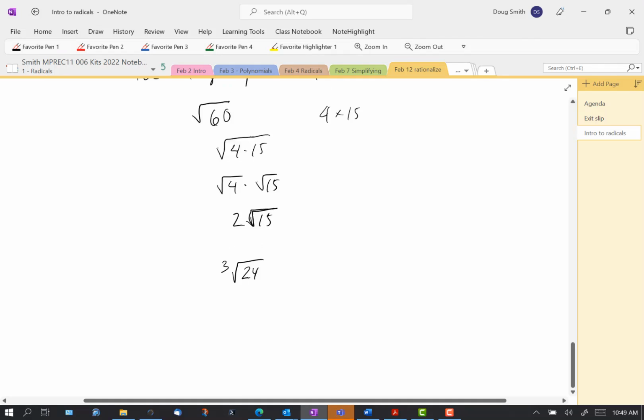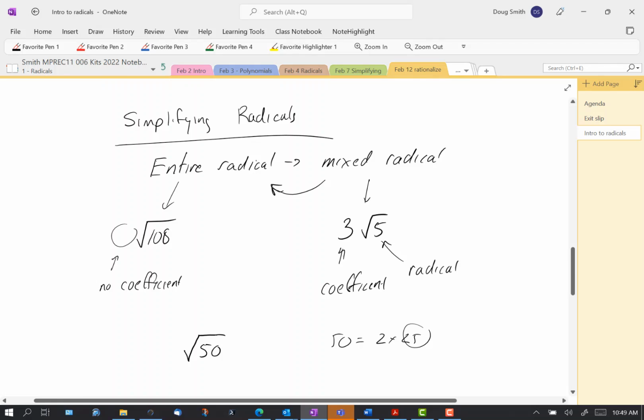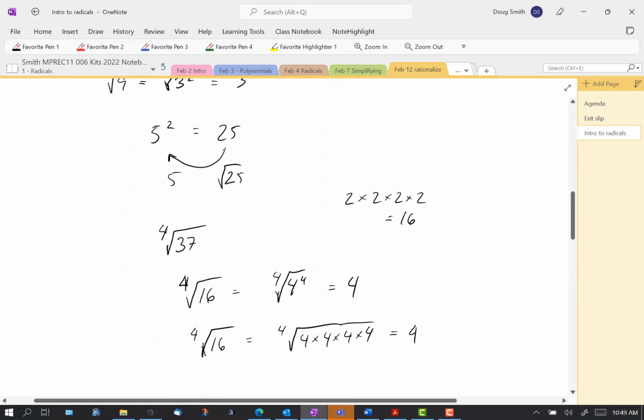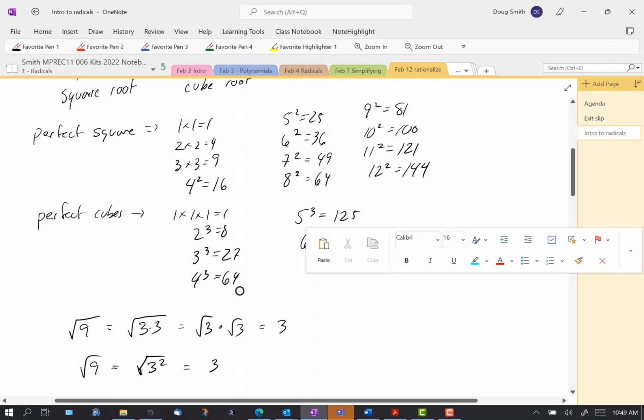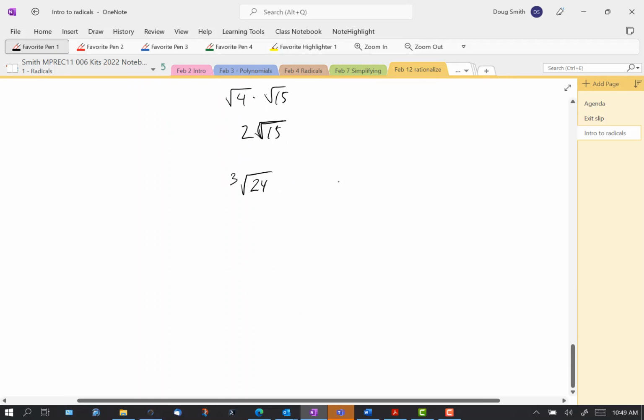If we look at our perfect cubes, we have 2 to the power 3 is 8, so that's a perfect cube. So 8 is a factor in 24, so this is equal to cube root of 8 times 3. That's equal to cube root 8 times cube root of 3, and that's equal to 2 cube root 3.